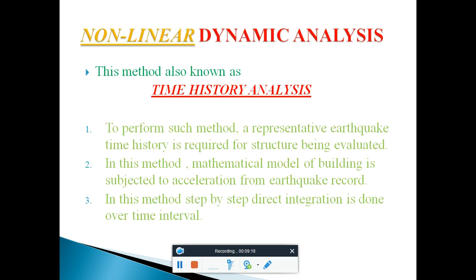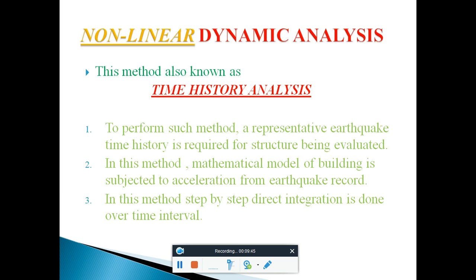Now lastly, nonlinear dynamic analysis. This method is known as time history analysis. To perform such a method, a representative earthquake time history is required for the structure being evaluated, which means data of that ground motion must be available.